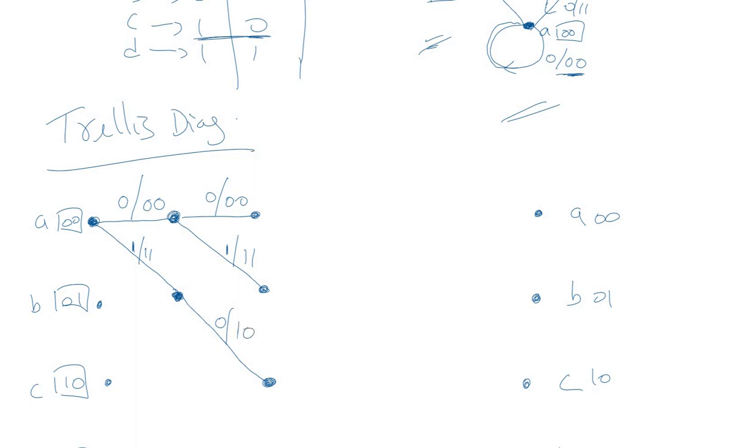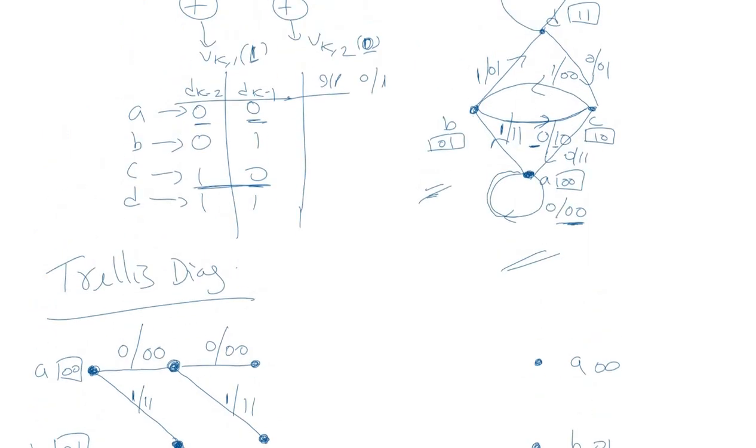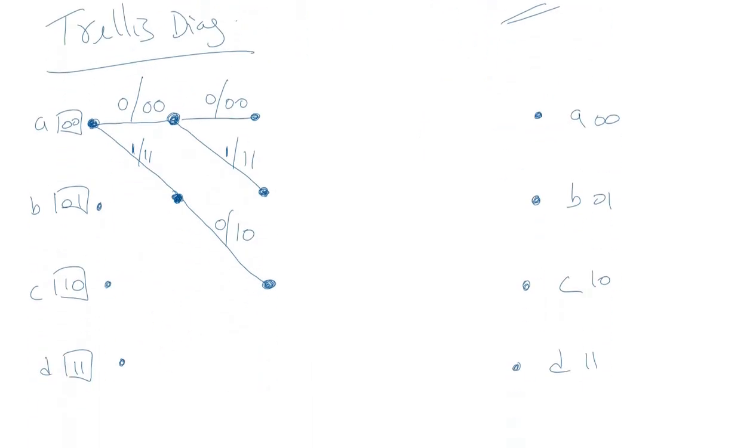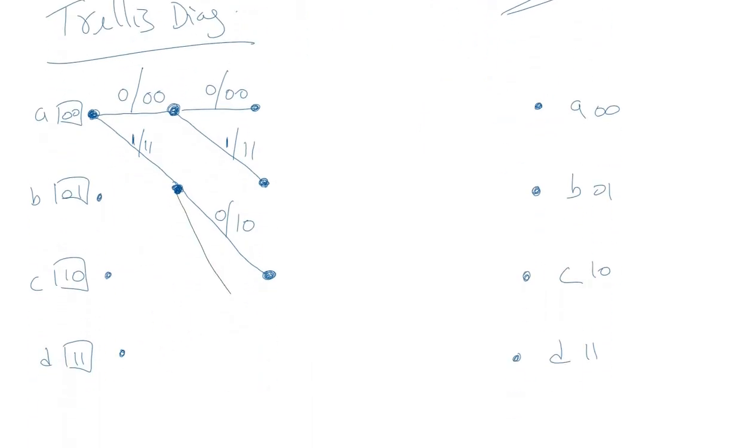Alright. Next, at terminal B, if the input is 1, you can see the state changes from B to D and the output is 0 1. So now it transitions to state D and the output is 0 1.